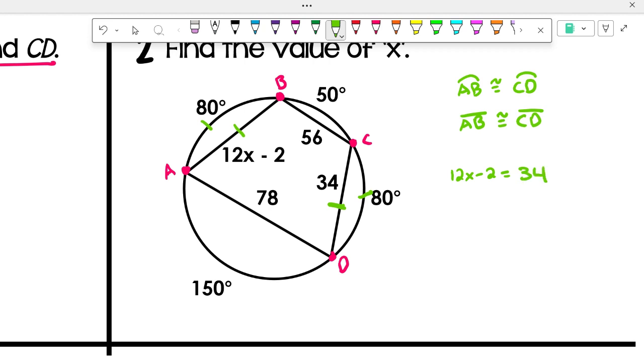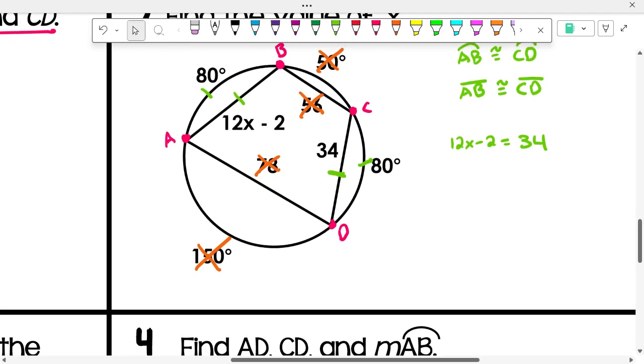So this is one of those questions where they give you more information than you actually need. You don't need this 56. You don't need this 78. You don't need this 50. You don't need this 150. You just need what I haven't crossed out. Problems like this, especially if it's on the EOC, they like to add more information than what you actually need because they want to see if you can decipher what information you'll actually need.